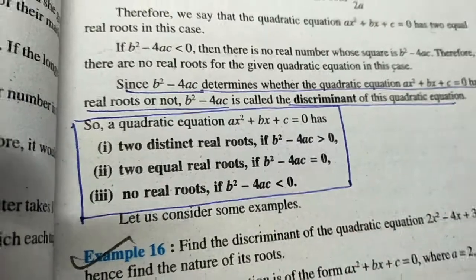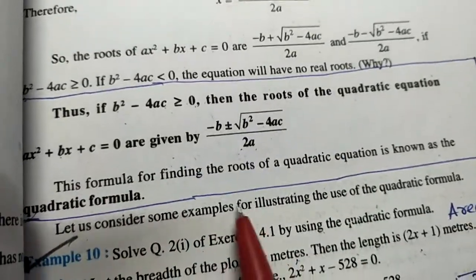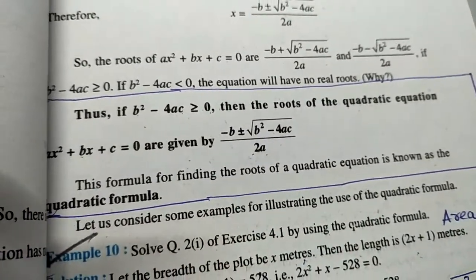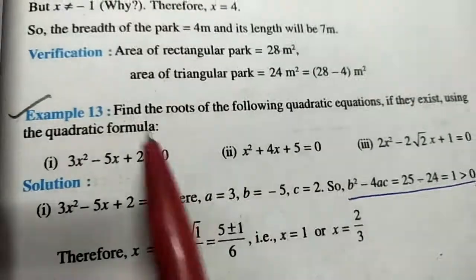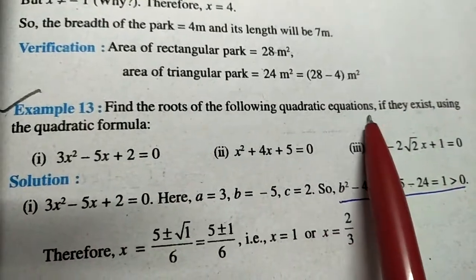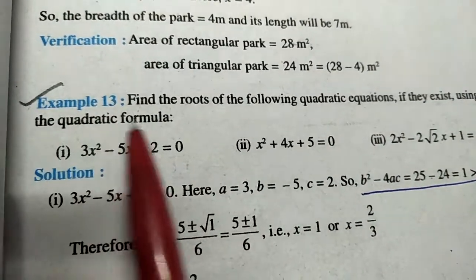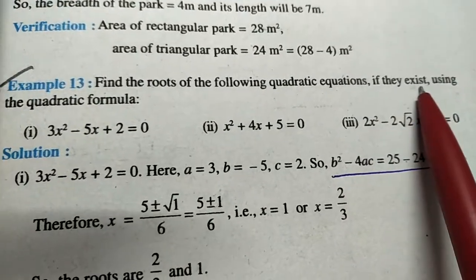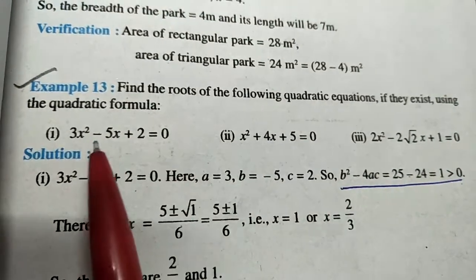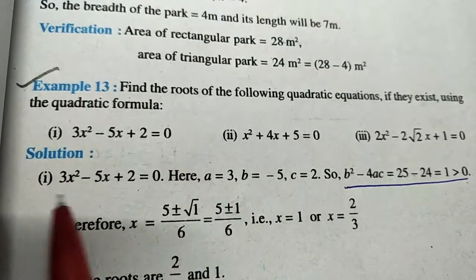Now we get back to page number 83 again, to the quadratic formula. Based on this quadratic formula, first we'll go to example number 13. Find the roots of the following quadratic equation if they exist using quadratic formula. So first we have to find out whether they are existing or not. For that, first we take this equation.